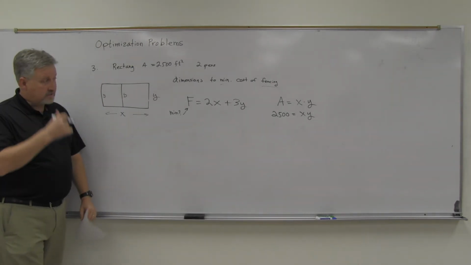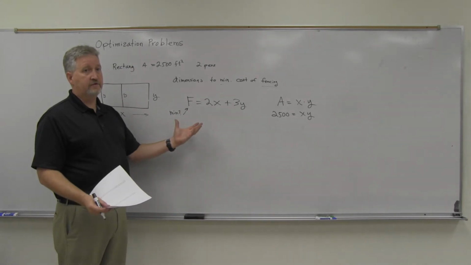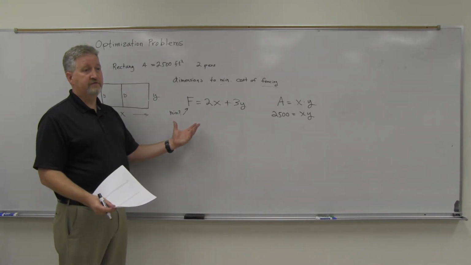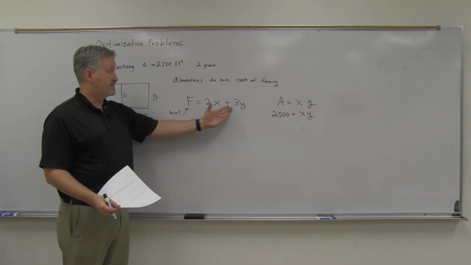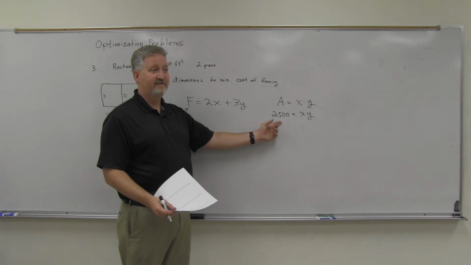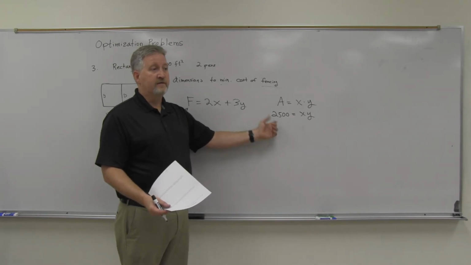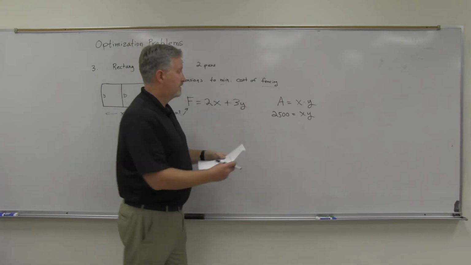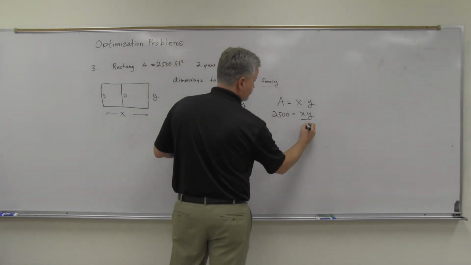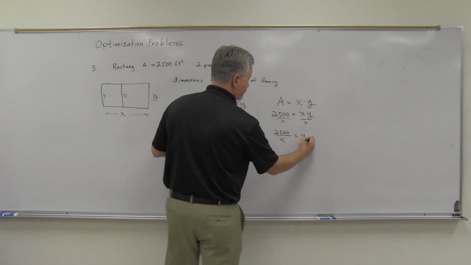So kind of thinking through here, I want to minimize this. Well, the minimum is going to occur at the critical number, where the derivative equals 0. But the problem is I've got X and Y. I can fix that problem over here, can't I? Solve this for Y, or X, doesn't matter, and then plug it in over here. So let's divide by x. So we got 2,500 over x is my y.